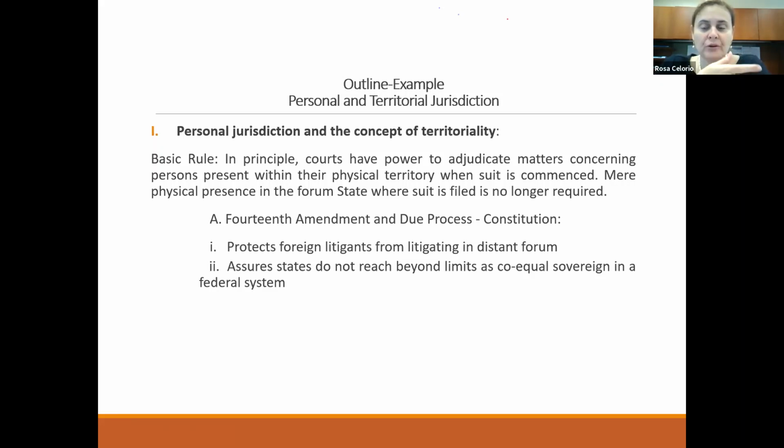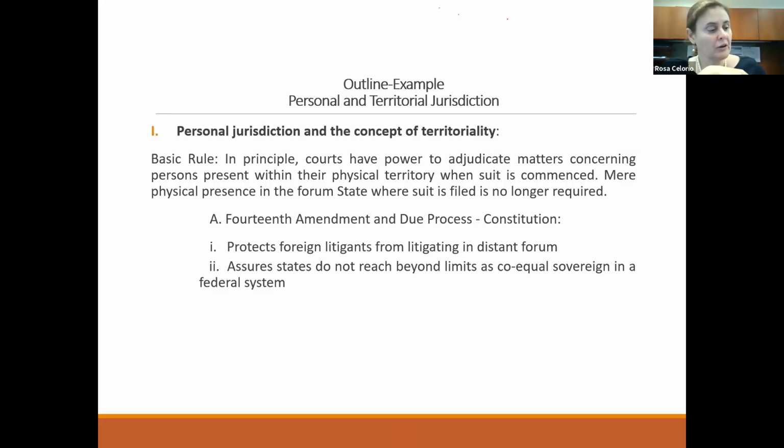Like when the US Supreme Court does its analysis in Asahi, what are the cases that it is using as precedent to actually get to Asahi? So I include a little bit of that, at least some of the basic rules and the principles in this outline. So when you're thinking, this is a first section, remember that concept, the big concept is personal jurisdiction in this particular case, and the sub-concept in many ways is territoriality, or territorial jurisdiction.